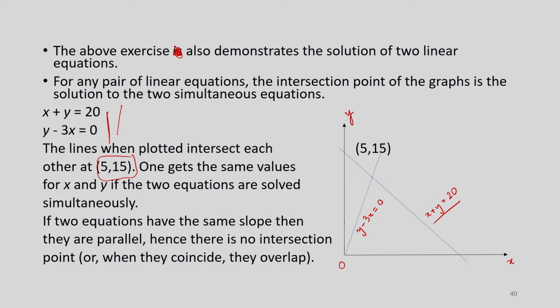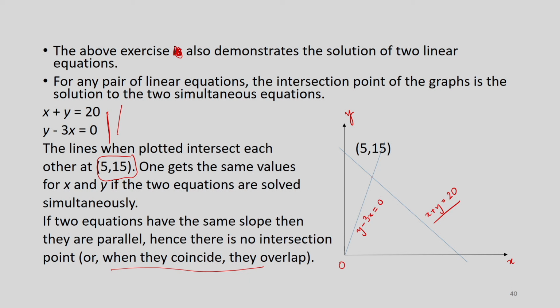The other possibility is that they are not merely parallel, but they coincide, which means they are overlapping with each other. In that case, there will be an infinite number of solutions. Okay. So, these are the two extreme cases. If you have two lines which have the same slope, either they have an infinite number of solutions or they have no solution, right.